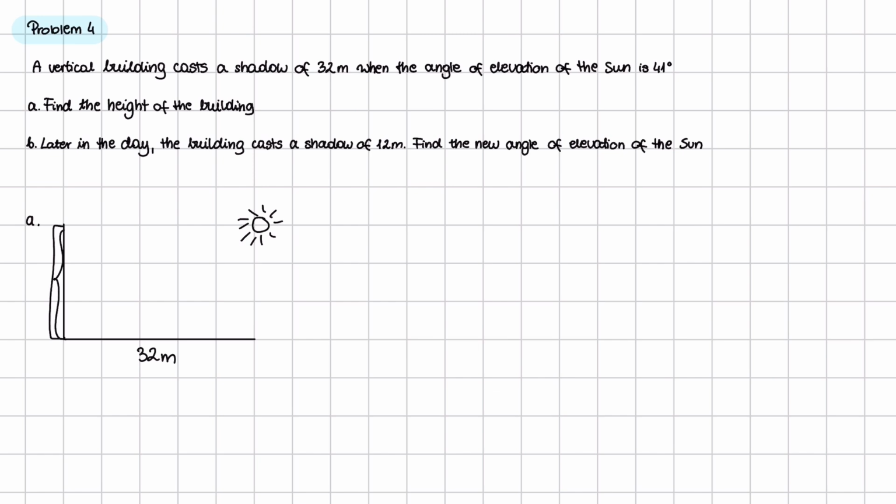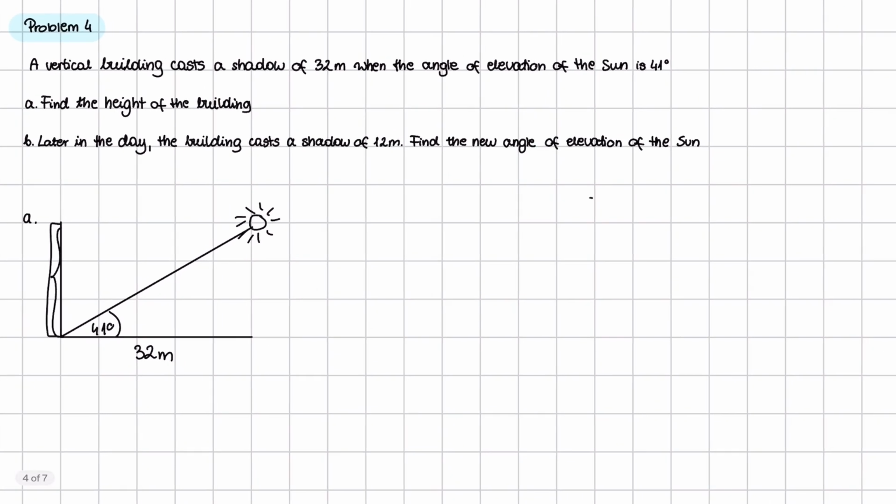And we are also given the angle of elevation of the sun. So the angle of elevation is this, because we are here and we're looking up at it.